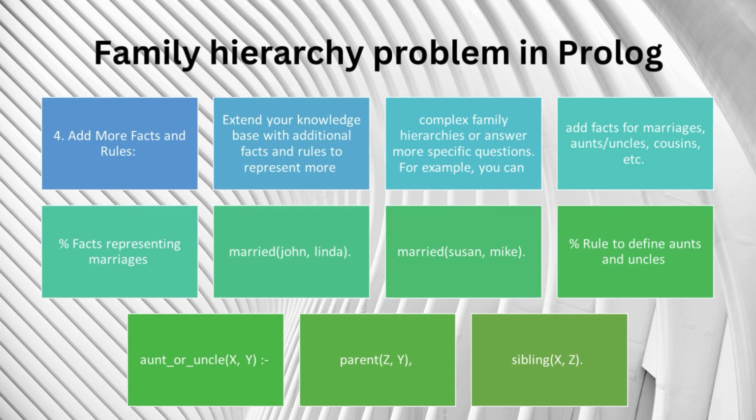For example, married(John, Linda), married(Suzanne, Mike). So, we have to define the rule to define aunt or uncle: aunt_or_uncle(X, Y) implies parent(Z, Y), sibling(X, Z).